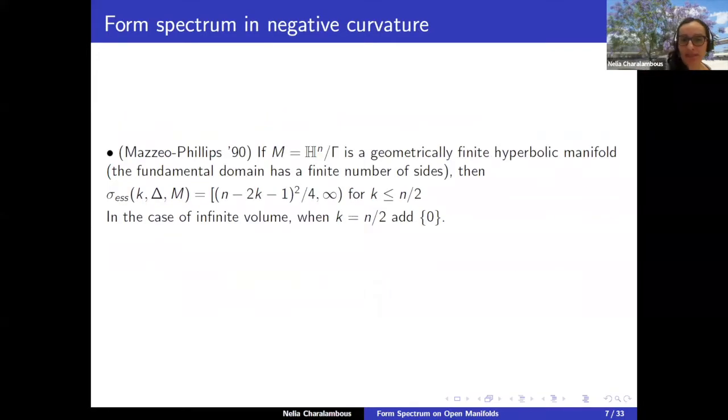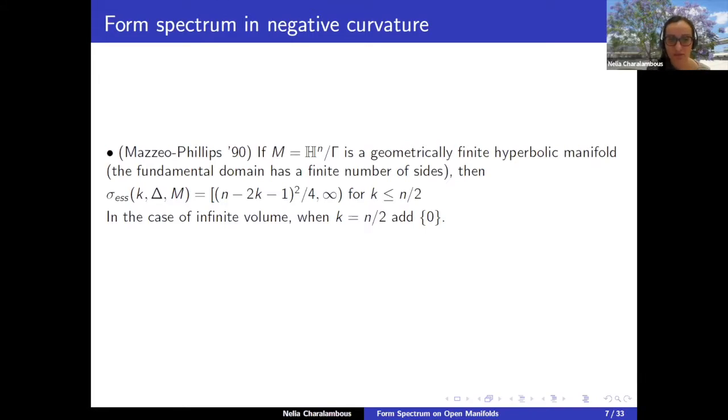Also in 1990, Mazzeo and Phillips proved that if we have any geometrically finite hyperbolic manifold, in other words, a quotient of hyperbolic space whose fundamental domain has a finite number of sides, then the essential spectrum of the Laplacian on k-forms is the same as the spectrum of the Laplacian on k-forms over hyperbolic space.